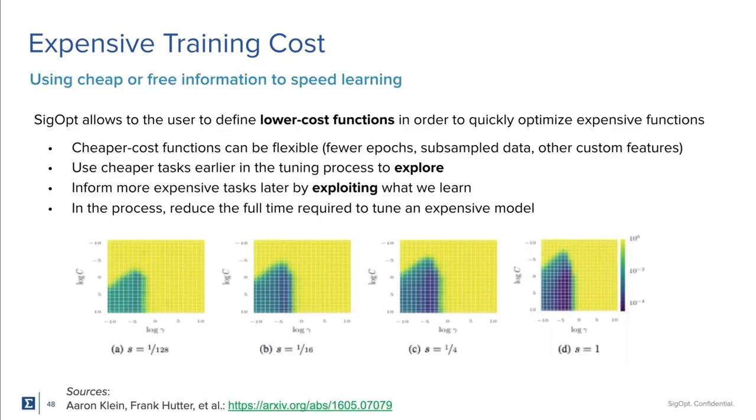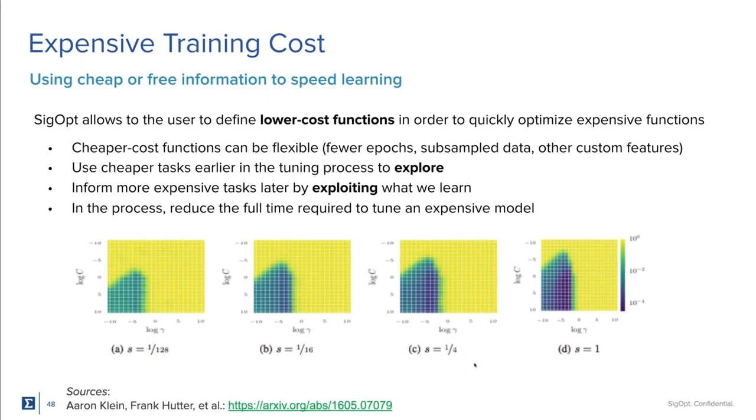There's been some great research recently in this field around multitask optimization. And the fundamental intuition here is, how do we, again, take a full cost model and break it up into smaller chunks?